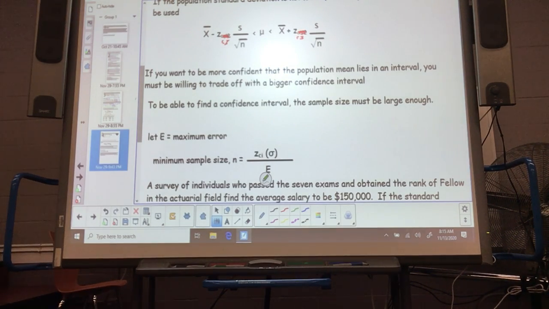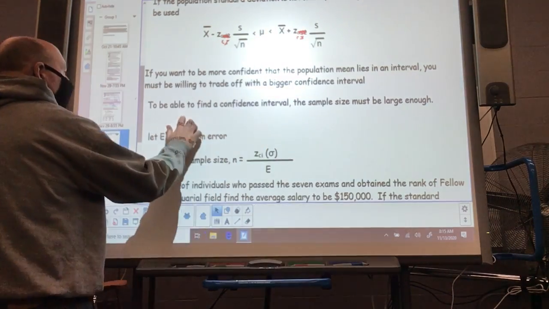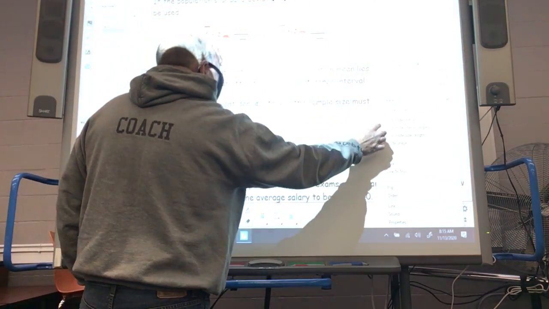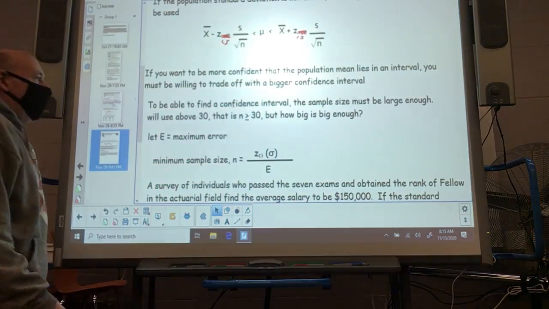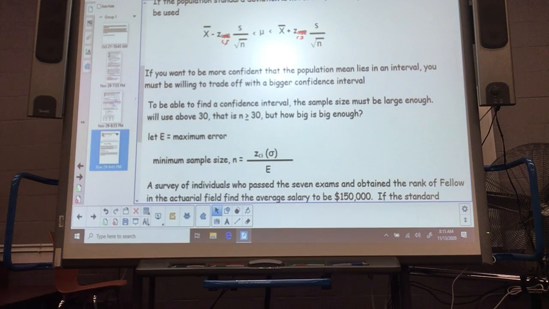To find a confidence interval, the sample size must be large enough to calculate, or we will use above 30 for right now. That is, n has to be bigger than 30.